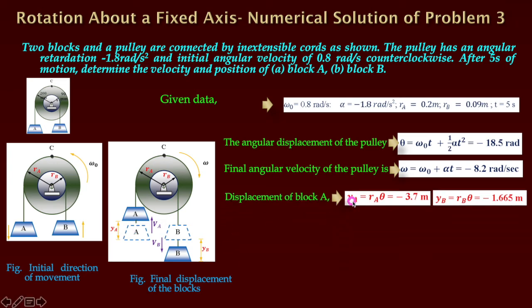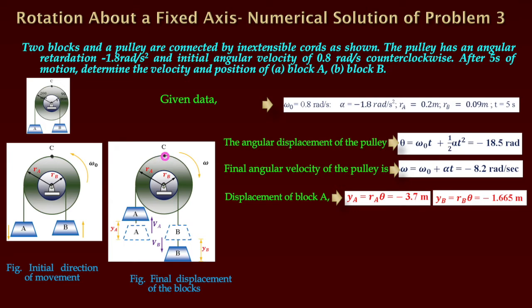We know the displacement YA equals RA theta. Why? Because this block is attached to this pulley with an inextensible cord. For any point on the cord, let's say point C, the linear displacement of point C is the same as the linear displacement of block A, as it is connected with the same inextensible cord.